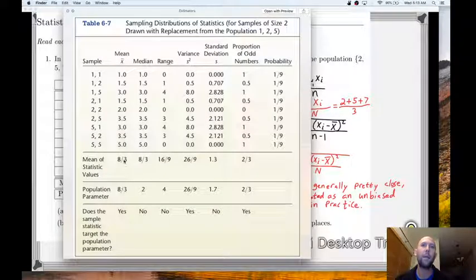and comparing whether the sample stats target the population parameter. We find that for means the population parameter is targeted. We find out for variance that the population parameter is targeted, and we find out for proportions that the population parameter is targeted by all of the sample stats.